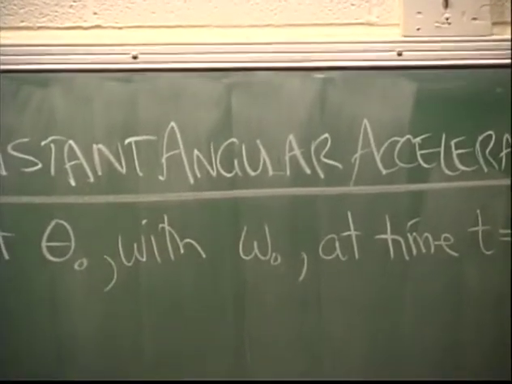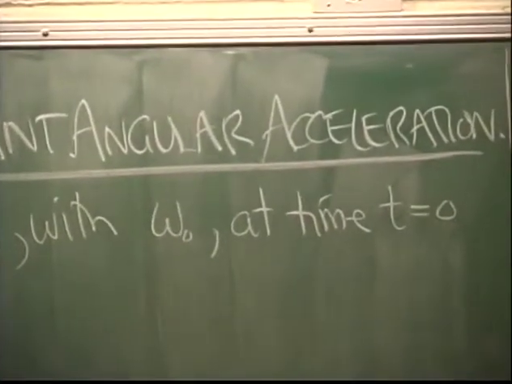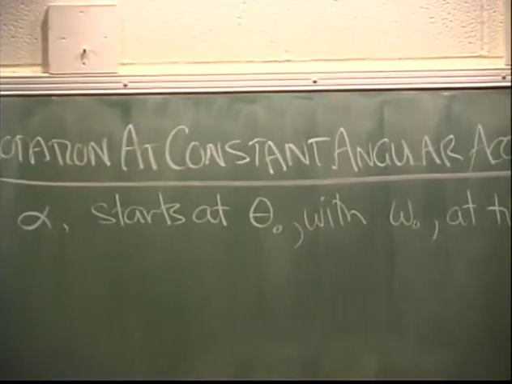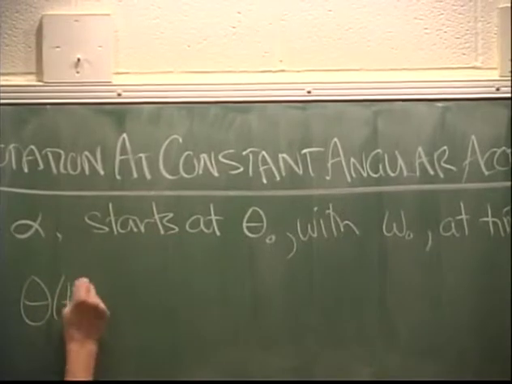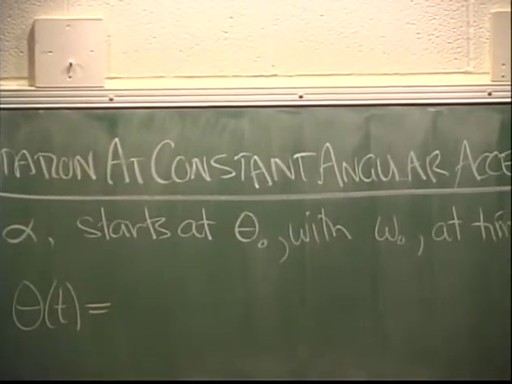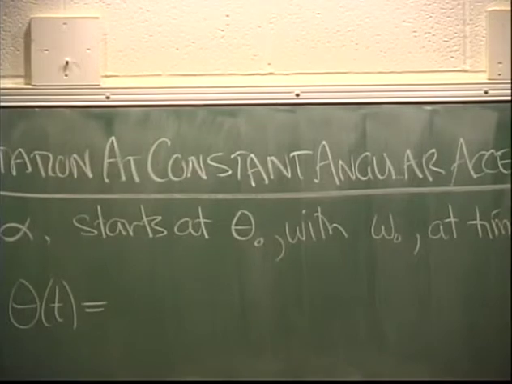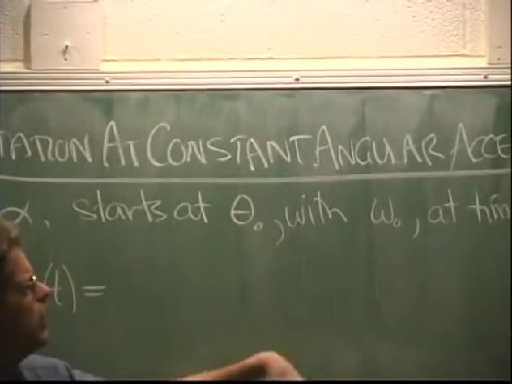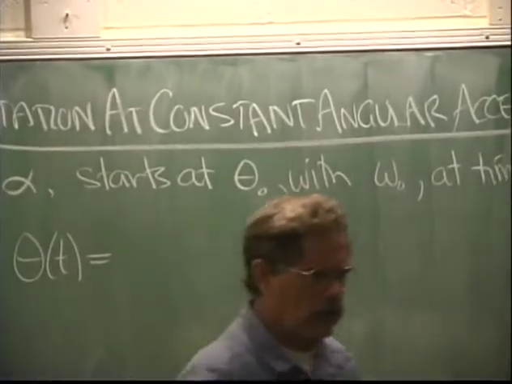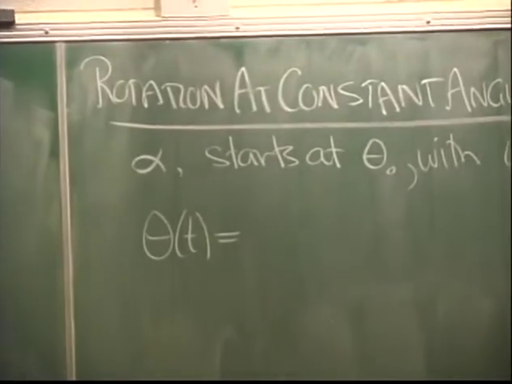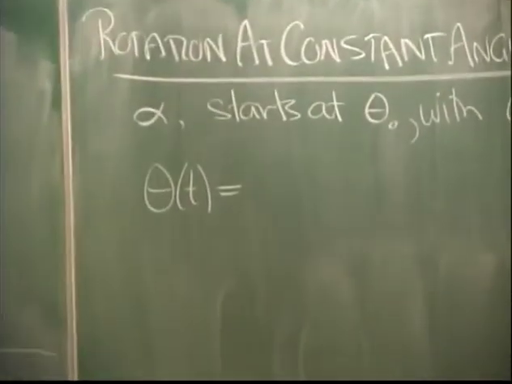What would its orientation be at some time later? You tell me. What would the general formula be? Its initial angular velocity was omega 0, and it's going at constant angular acceleration alpha. Can anybody tell me what the formula is going to be?